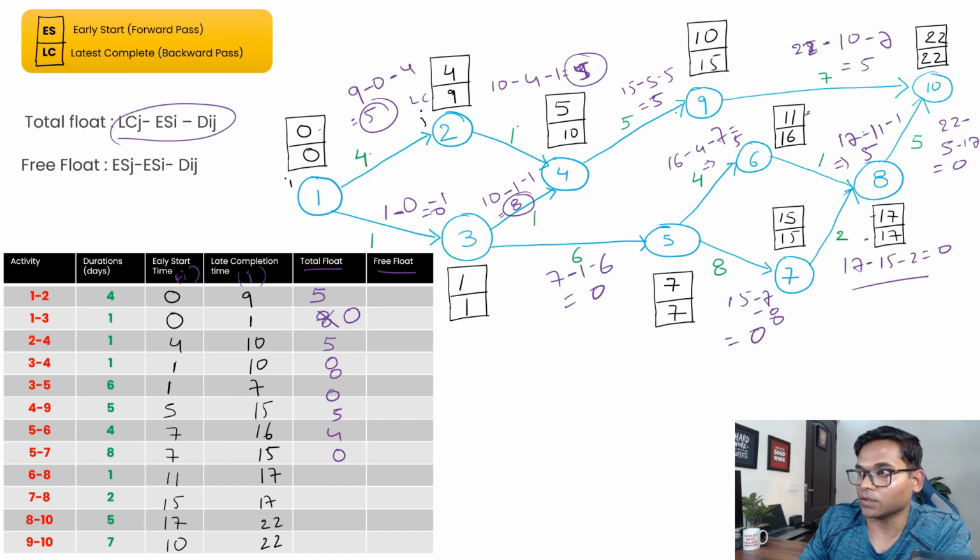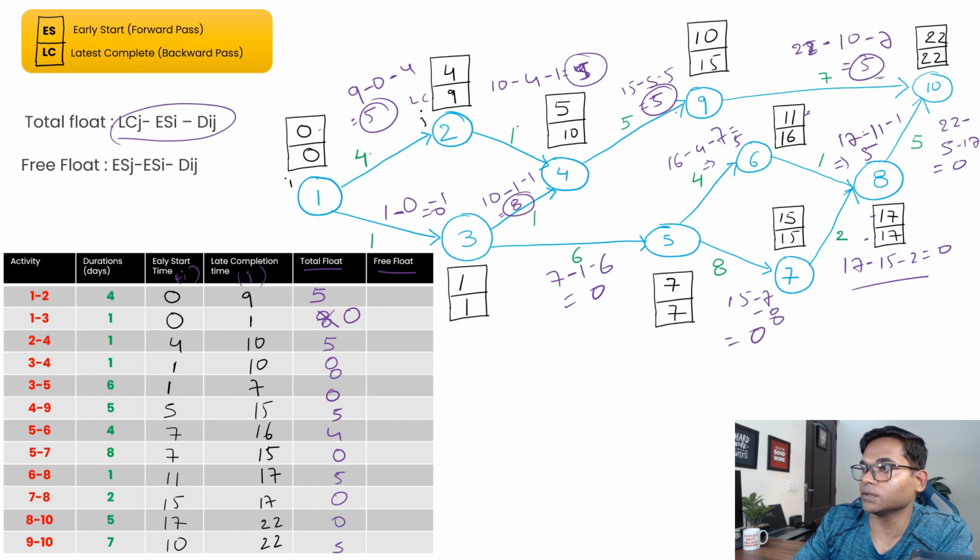And then 7 to 8, again it should be 0, because it is on the critical path. 6 to 8 is 5. 8 to 10 is again 0. And then 9 to 10 is this one, right? 9 to 10, it's giving me 5, right? So these are the total float.